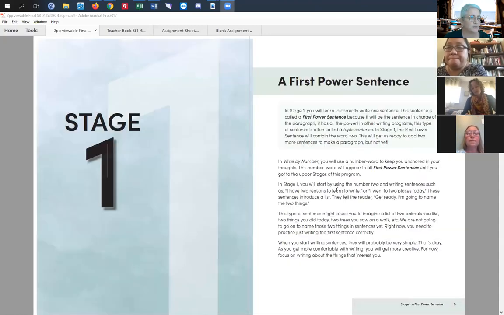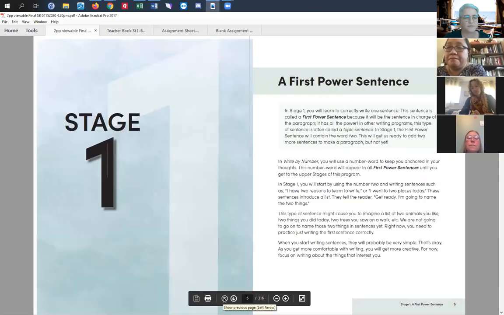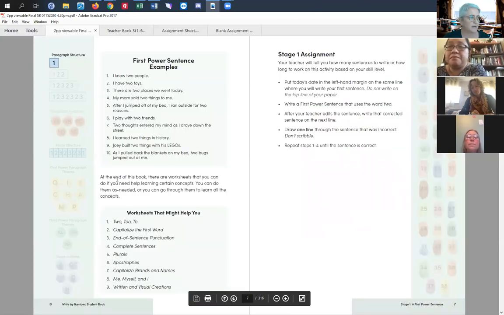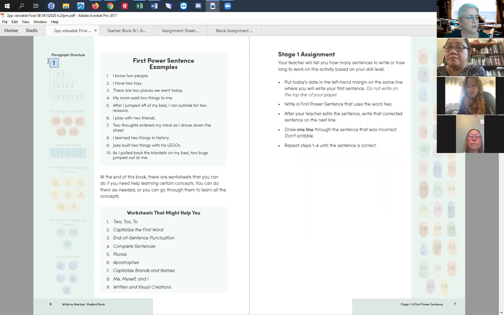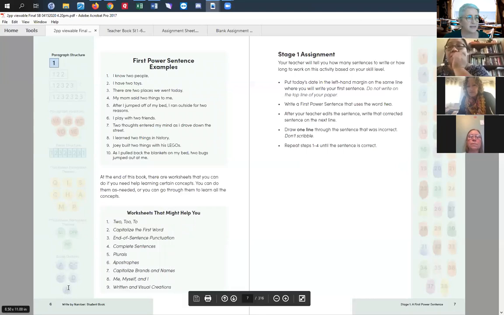So the book, as you can see, looks a little odd because it's been translated to a PDF. So that's the first chapter. But on the left-hand side of every page, there is what we're doing in terms of structure. So here we're starting with a first power sentence or one sentence, and we're going to work our way through all these structures here on the left side. And then on the right side are a bunch of numbers.